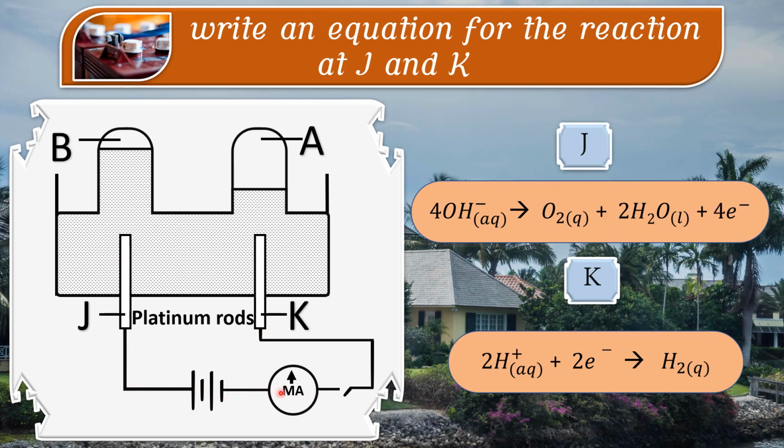Those electrons will go through here, and when you go to K, hydrogen ions are attracted towards electrode K, and when they reach there, they are discharged. They take up the 2 electrons and they end up forming hydrogen gas, which is collected in this vessel here.